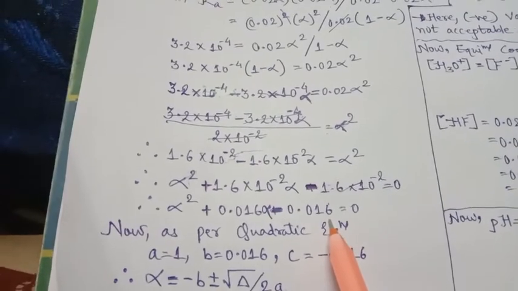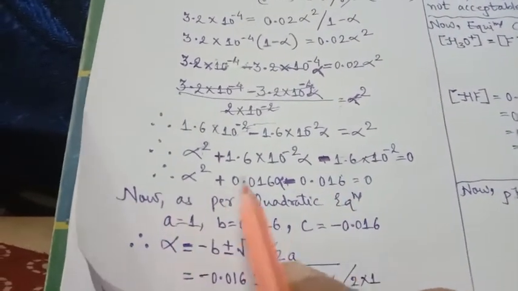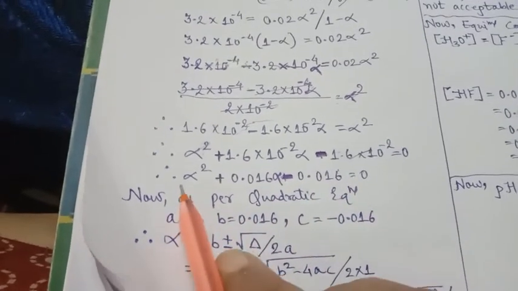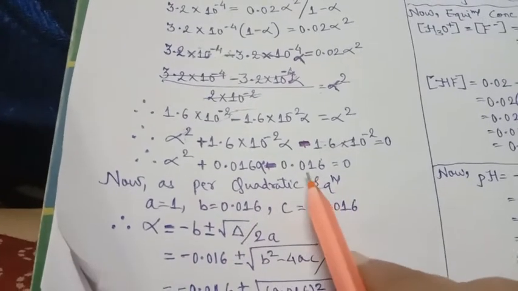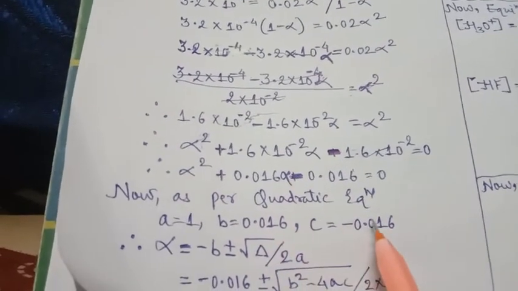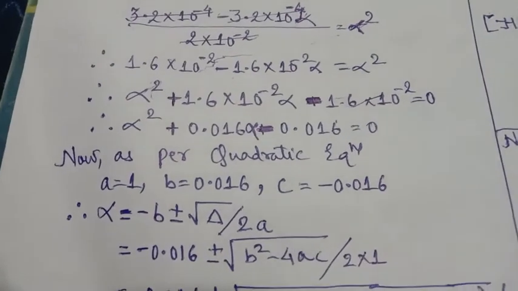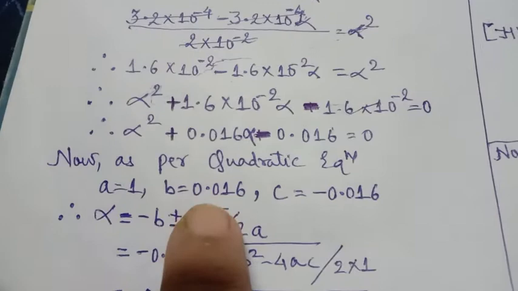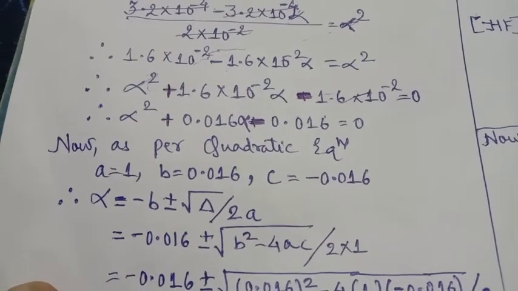So now if I consider it as a quadratic equation, then this is my a, b and c. Taking the values, a is equal to 1, b is 0.016 and c is minus 0.016.